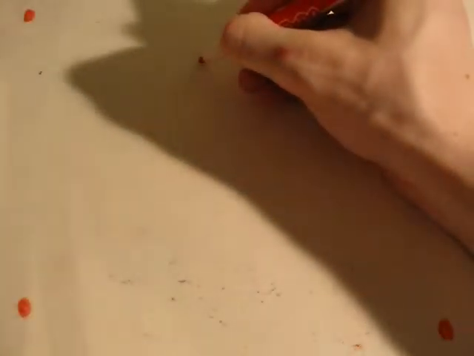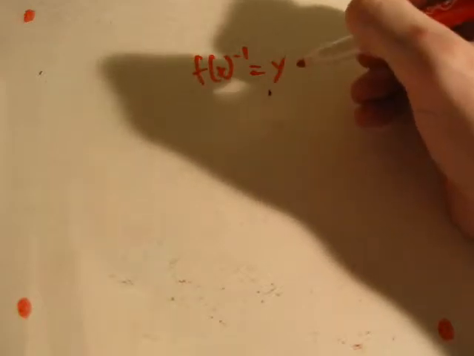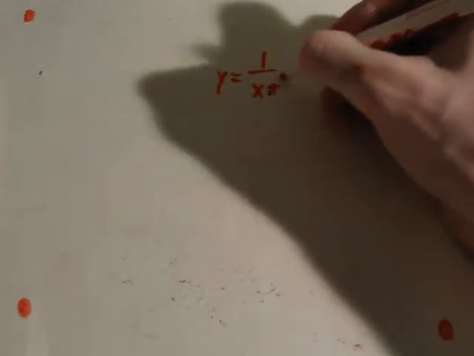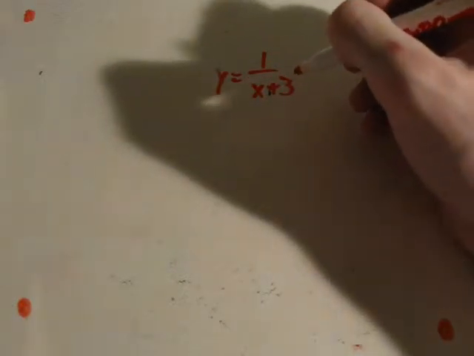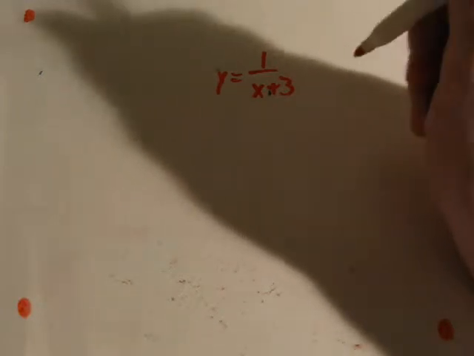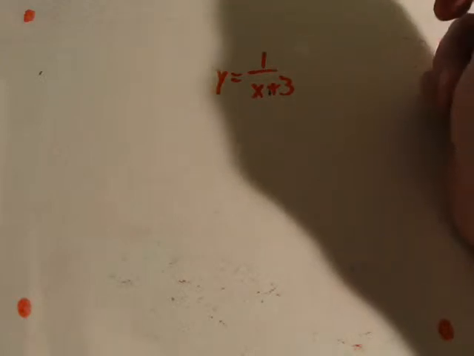Inverse functions simply mean it's the inverse of f of x. In other words, let's say, according to Gustafson and Frisk, y is supposed to be equal to 1 over x plus 3. The inverse is solved like so.